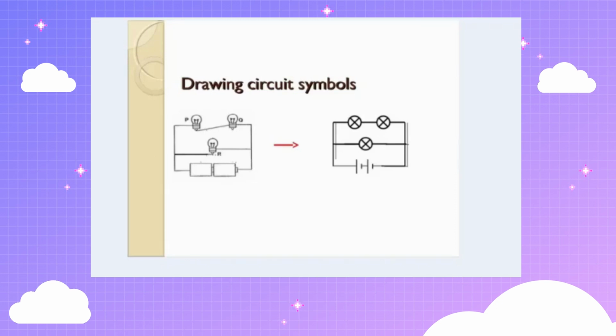So the bulb, as I told, is a circle with a cross inside, and the battery would be shown. There are two batteries, so we are going to make two big lines and two small lines. Okay, this would be the whole circuit symbol. This would be a simple circuit. Let's move on.